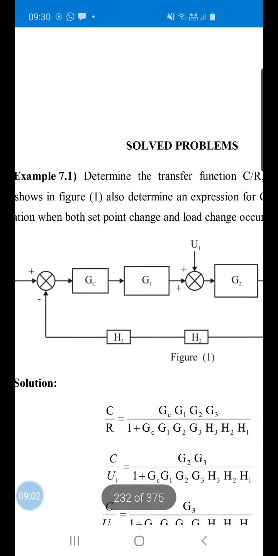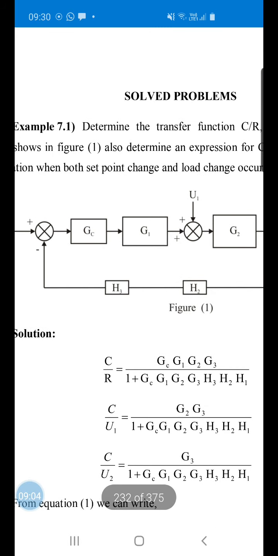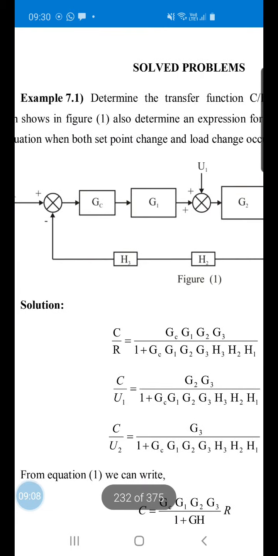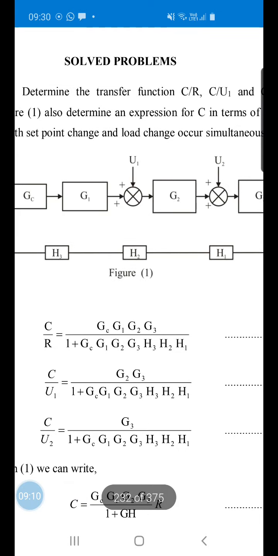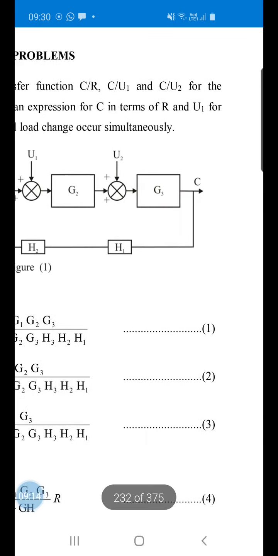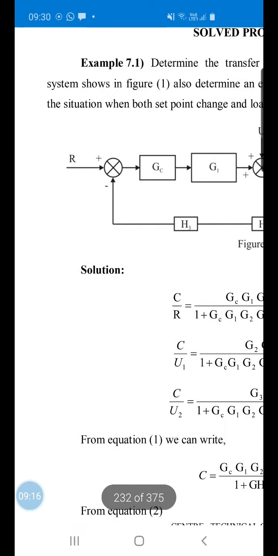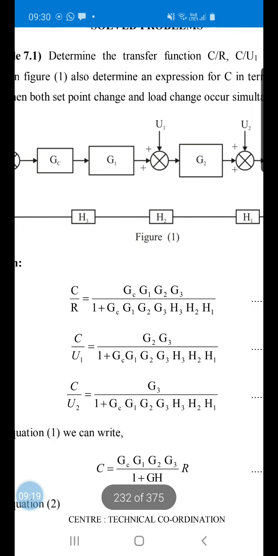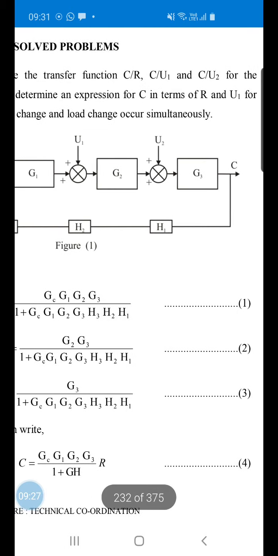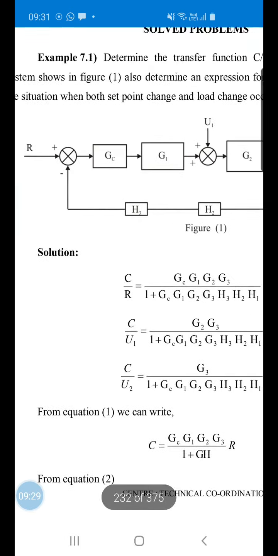Now we will discuss some problems related to the reduction of the block diagram and finding the overall transfer function. This is example 7.1. Determine the transfer function C by R, C by U1 and C by U2 for the given control system. So now we will write C by R and C by U. First of all we will write C by R. C by R is equal to what?